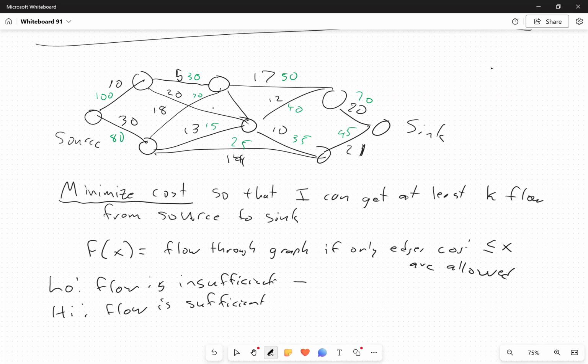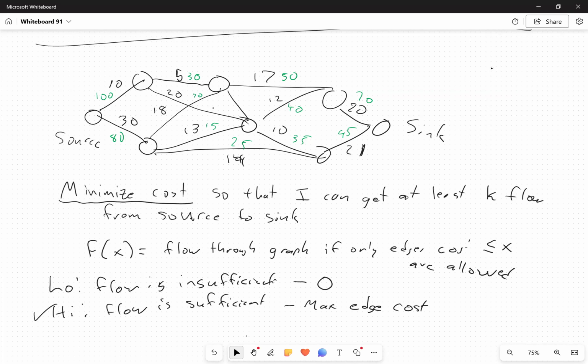Well, at first, you could set the low to 0, because obviously, if you had cost 0, you wouldn't have any edges, and there's going to be no flow through the graph. That's clearly insufficient. And flow being sufficient, you could set it to the max edge cost, whatever that is. So whatever the most expensive edge is, you say, what if all the edges are there? And you would run that to check, because if that doesn't work, well, then nothing would work. There's no way to get it, but presumably that's plenty to work. So you have high, the high value up here.